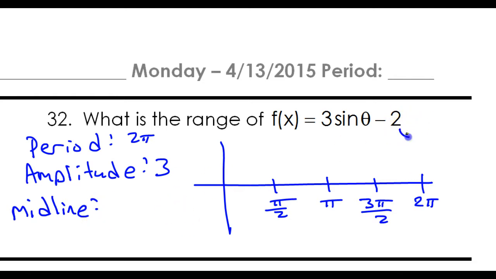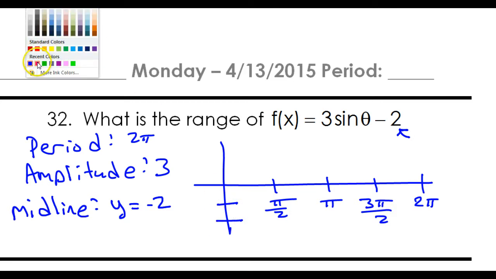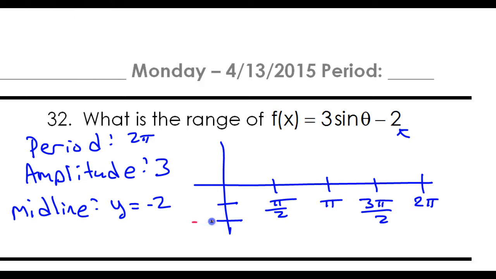The midline is given by this number here on the end, because this is a vertical shift down 2. So the midline is this horizontal line y equals -2. If I go -1, -2, my midline is actually going to be down here.